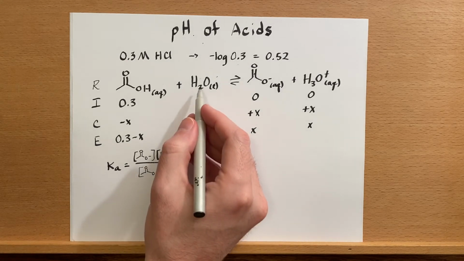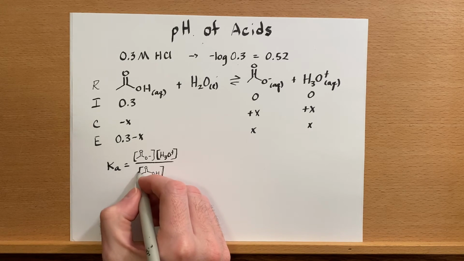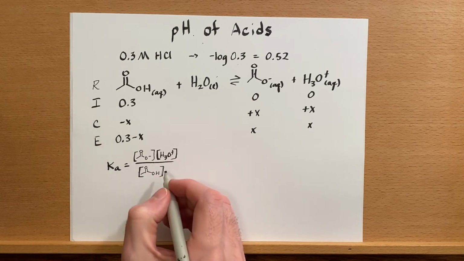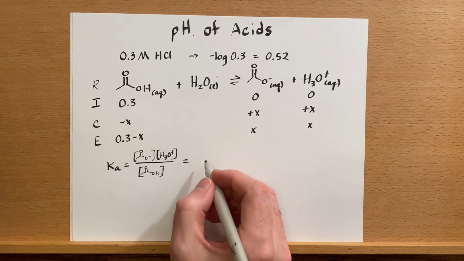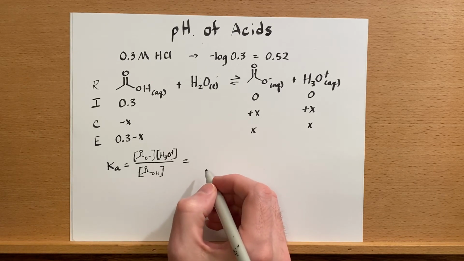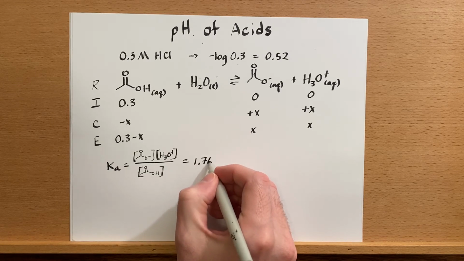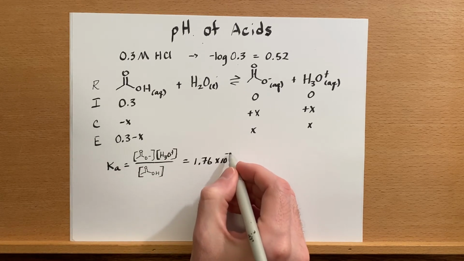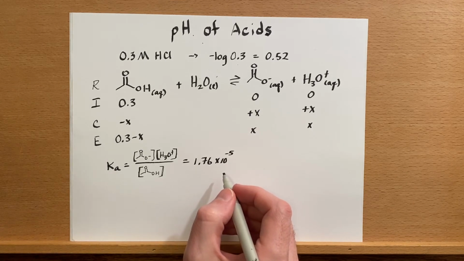And again, we don't include water because that is the solvent. And solvents don't go in equilibrium expressions. So this is equal to, as I said before, 1.76 times 10 to the minus 5. You'll look these values up in a table, or they'd be given to you.